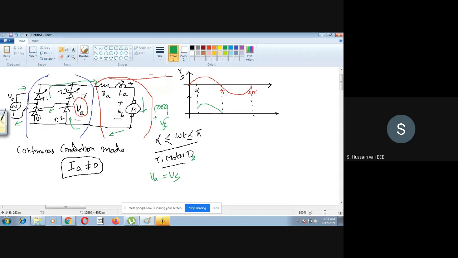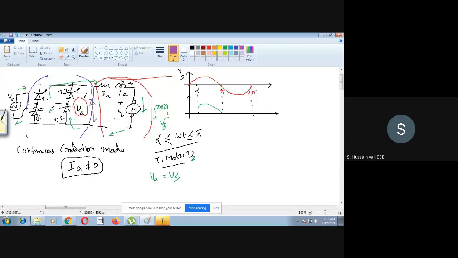When the supply voltage becomes negative at pi, there is a possibility that T1 and D2 may be forced off. But we have one more thing in the circuit: a freewheeling diode.